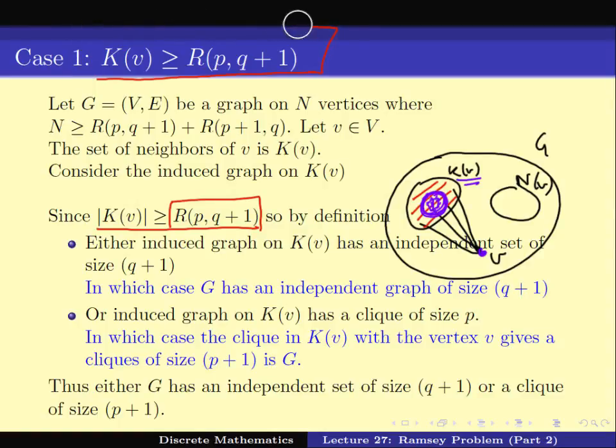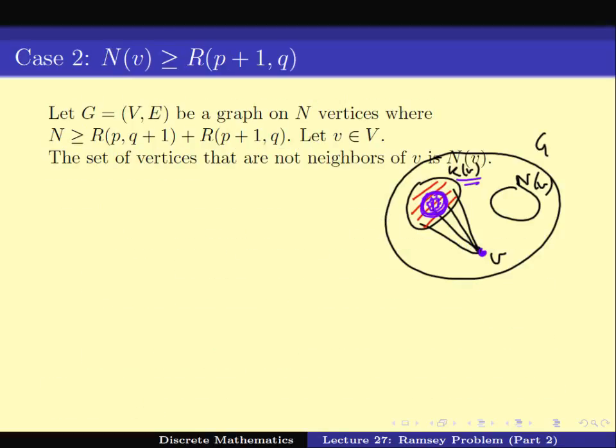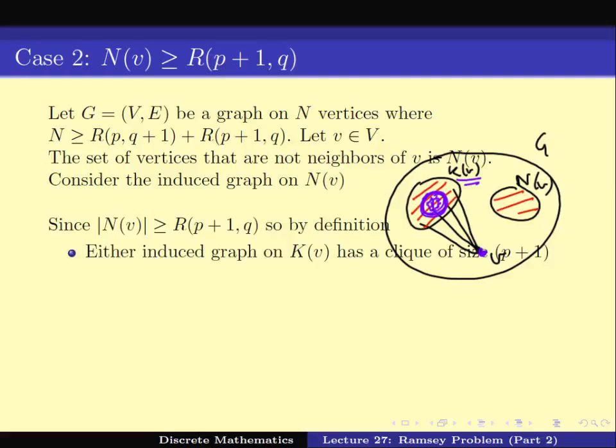Now in case 2, we have a similar argument, except that now we will look at the NV setting. In case 2, NV is bigger than R(P+1, Q). Again, look at the induced graph on NV. Since NV is bigger than R(P+1, Q), by definition two things hold.